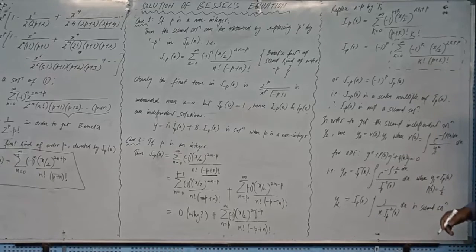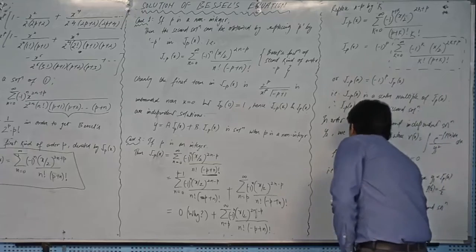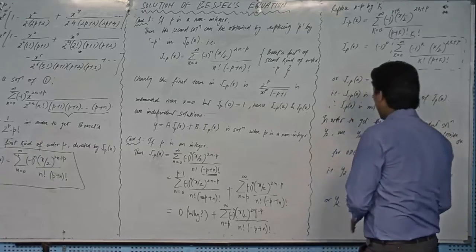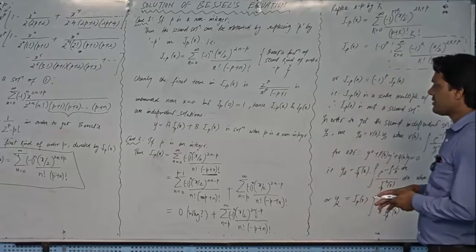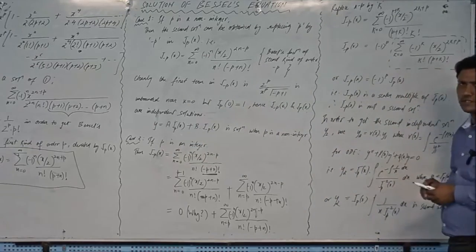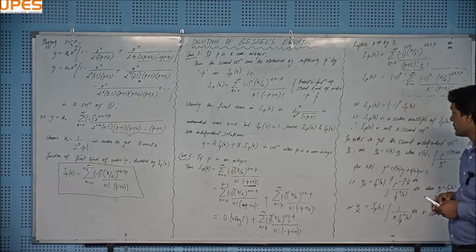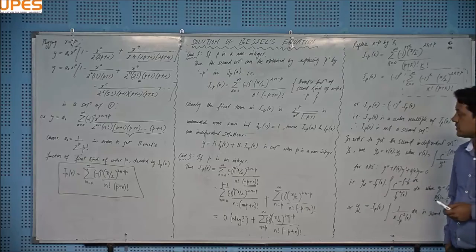Now we'll write the full solution. The full solution can be written as a constant multiplied with the first solution plus a constant multiplied with this second solution, right? So this is for case 2. And now we'll write a few remarks about this.